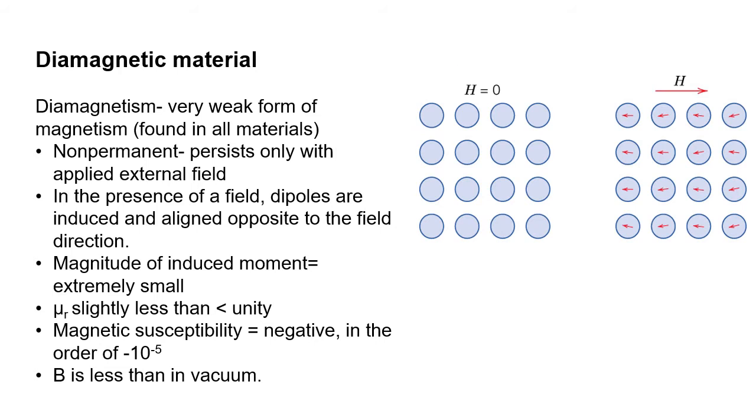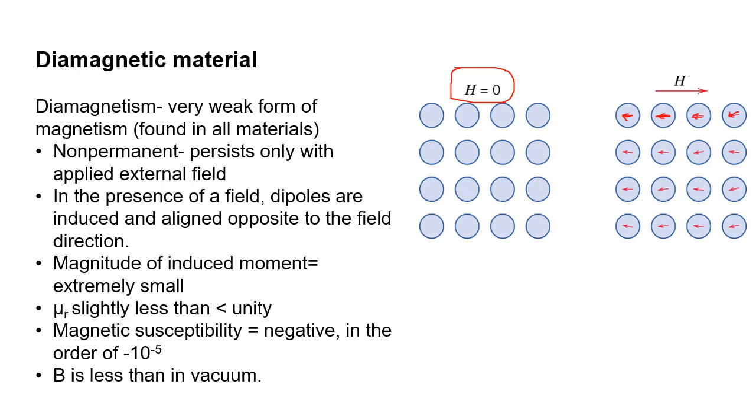Without the applied magnetic field, there is no dipole. But when we apply the magnetic field, it will induce a dipole moment in the domain.